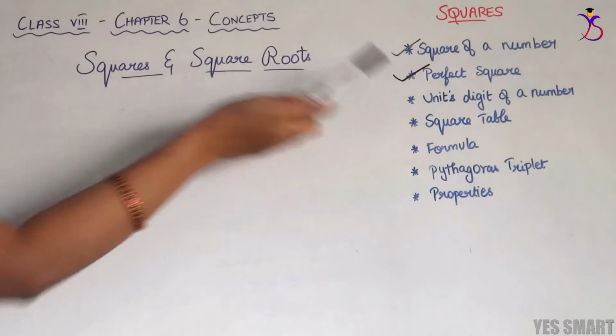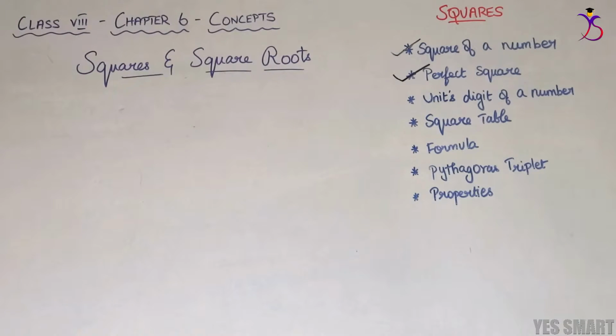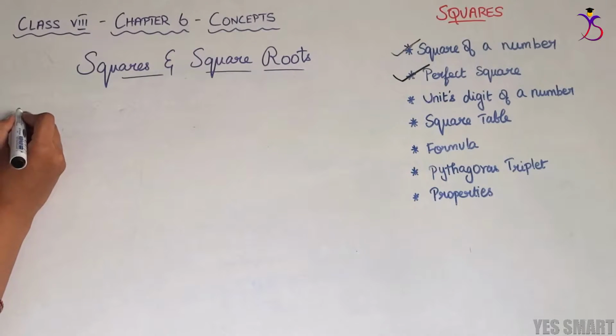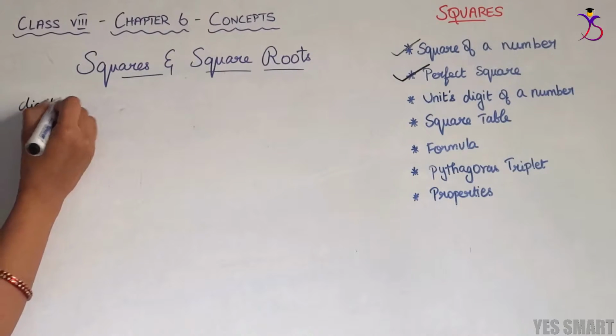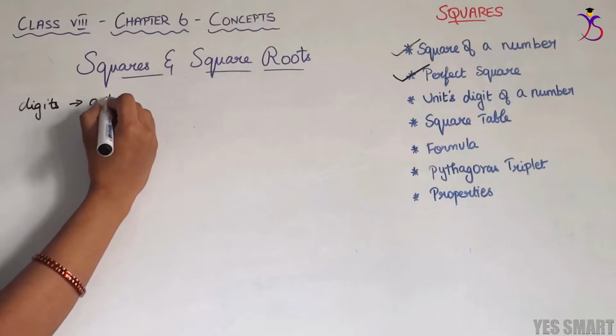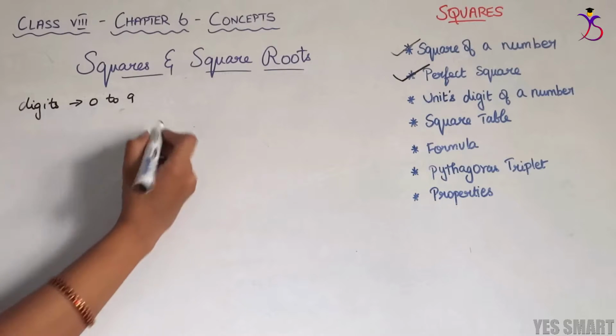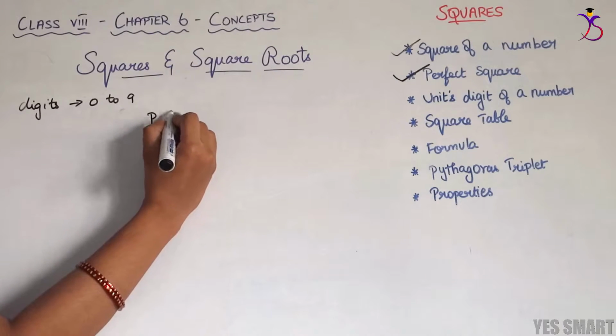Now let's know about the units digit of a number. Here we are going to focus on the unit digit. We already know that the digits in mathematics are 0 to 9. So we have a perfect square number.